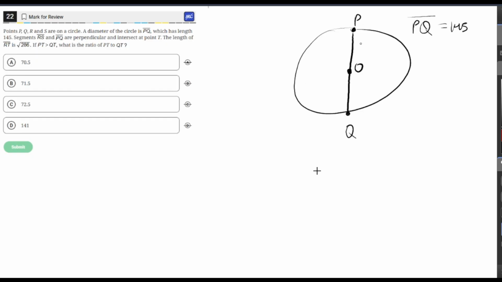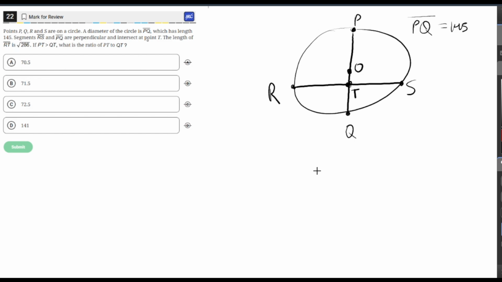So if PT is greater than QT, then the line must actually intersect lower than the center of the circle. So because this intersects at T, call this R, call this S.